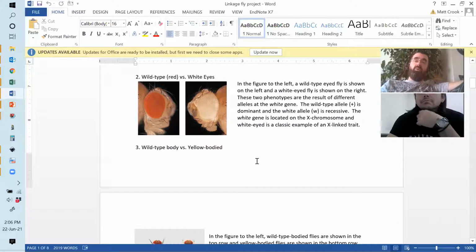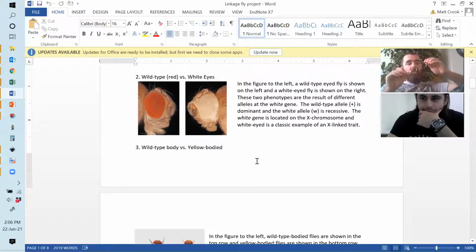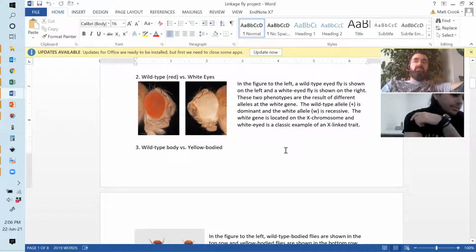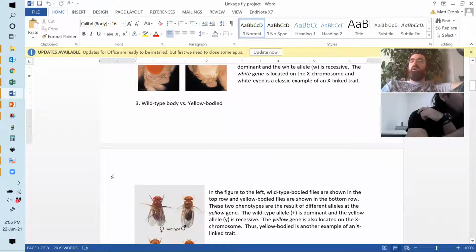Thomas Hunt Morgan, the true father of genetics, isolated a Drosophila mutant that had white eyes. Through a bunch of cool crosses and experimentation, he discovered it was a sex-linked trait, and as a result that gene is on the X chromosome. That was the very first X-linked or sex-linked trait ever discovered, which was pretty cool.